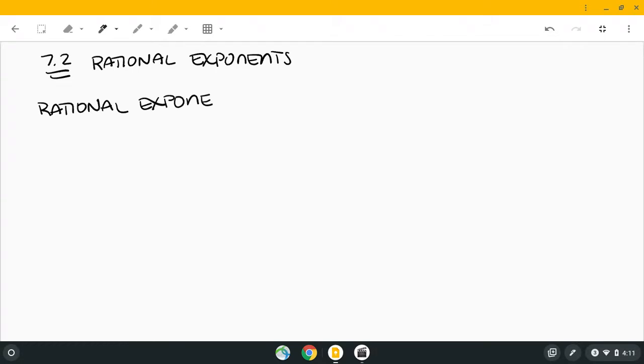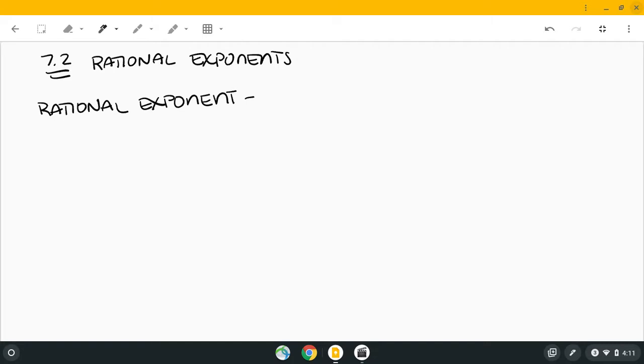7.2, rational exponents. Okay, so rational exponent, what is that? First of all, hopefully you remember what a rational number is. If you know what a rational number is, then you know what a rational exponent is.